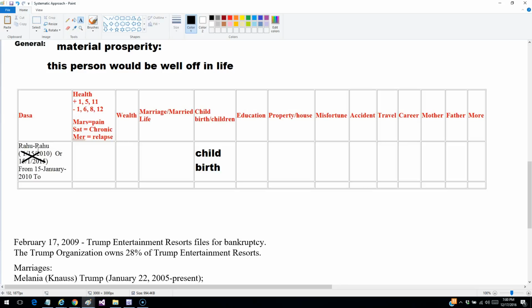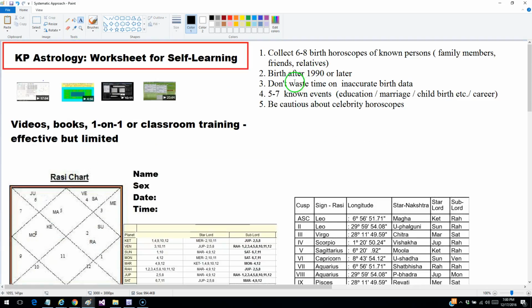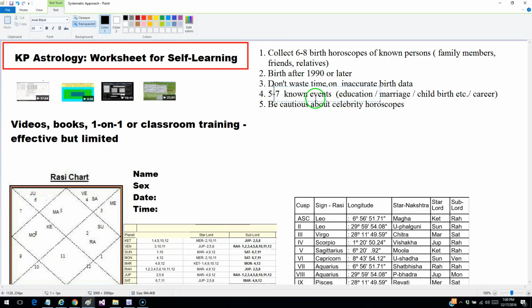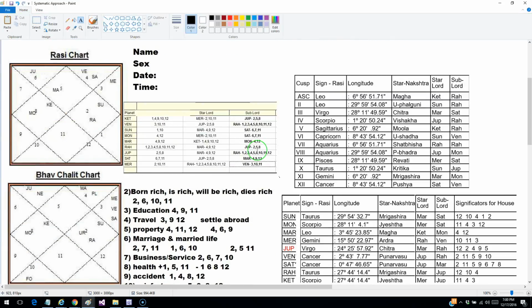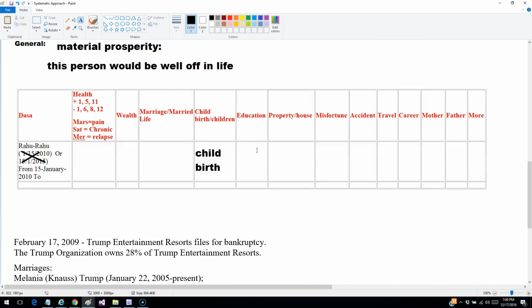And some of the events you already know, when you were preparing the chart of a particular relative. You might know the date of marriage, like I mentioned. If you know some events, that's always good. The marriage of this person happened on such and such a date.